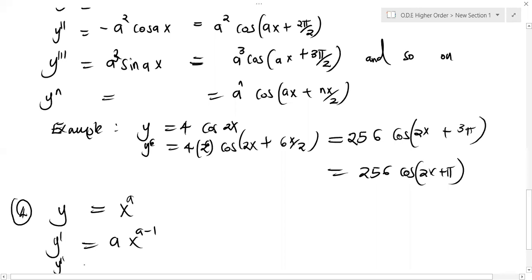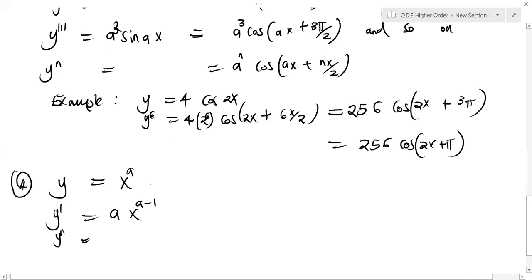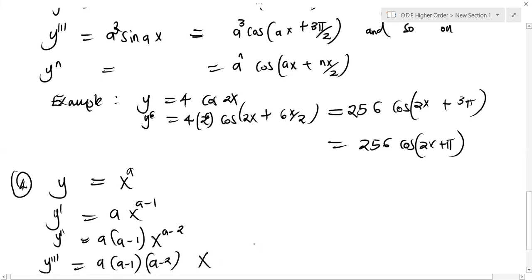Our y double prime will be equal to a(a-1) x raised to the power a minus 2. Our y third prime will be equal to a(a-1)(a-2) x now raised to the power a minus 3, and so on.